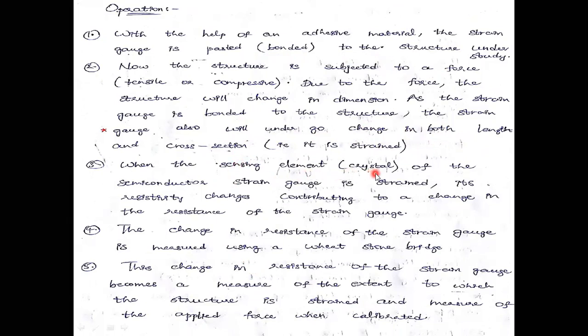When the sensing element, that is the crystal of the semiconductor strain gauge, is strained, its resistivity changes, contributing to a change in the resistance of the strain gauge. The change in resistance is measured using a Wheatstone bridge. This change in resistance becomes a measure of the extent to which the structure is strained and the measure of the applied force when calibrated.